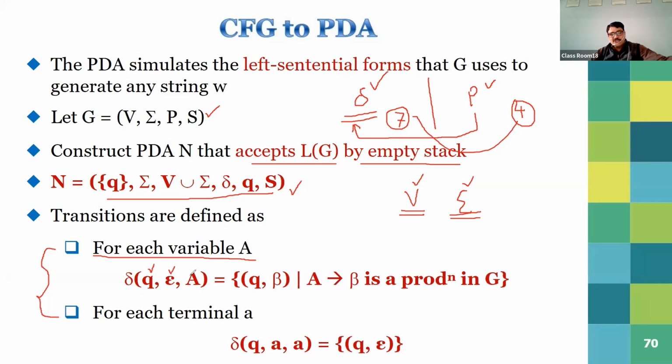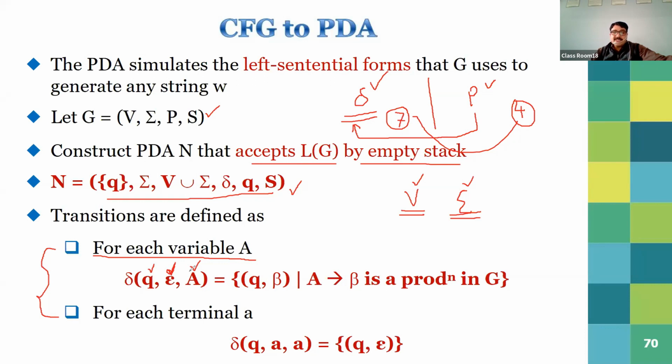So initially, we assume that all the variables are stored in the stack. We have to write this rule for all the variables, right? So in this case, all the variables are stored in the stack. And in this part, reading from the tape, you must write null, right? And after that, we will write the transition, that is Q to beta, where A to beta is a production.